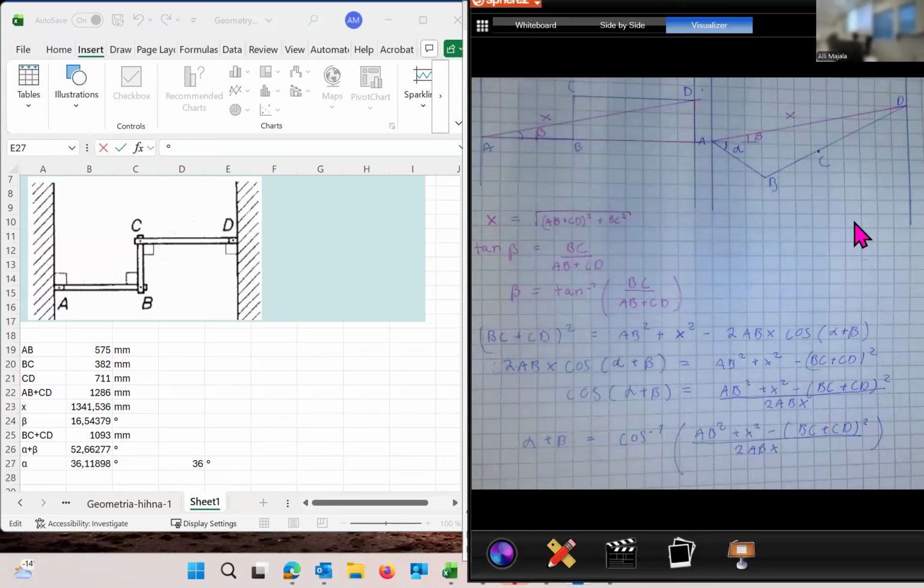This bottom part is the cosine thing. This was different letters. I don't know what I was thinking, sorry.